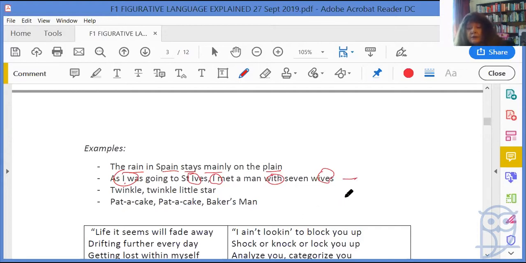Again, that's a little nursery rhyme you may have learned when you were a child. Same with this. Twinkle, twinkle, little star. There's your I sound, your assonance. And the last one, also a nursery rhyme. Patty cake, baker's man.